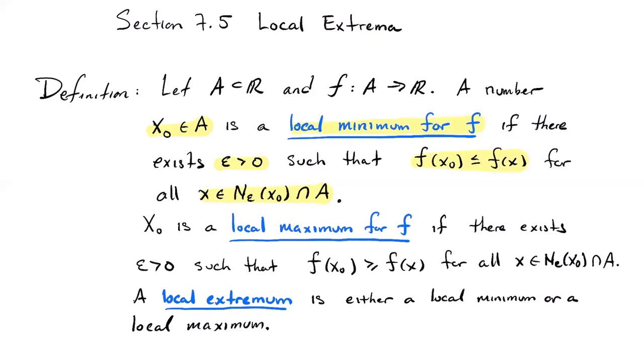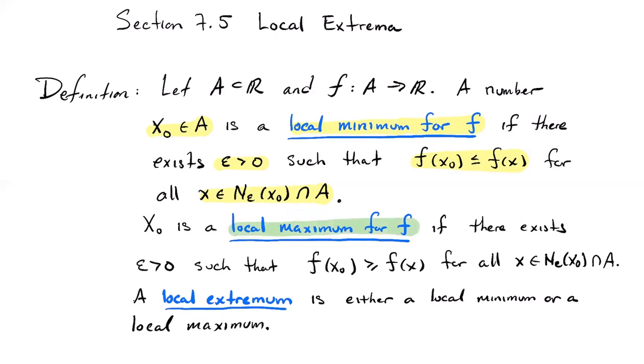So it's a minimum in the sense that it has an output value less than or equal to other output values, but it's local in the sense that that's only true in some neighborhood. There's some neighborhood around x naught for which the other valid inputs always have outputs that are at least as big.